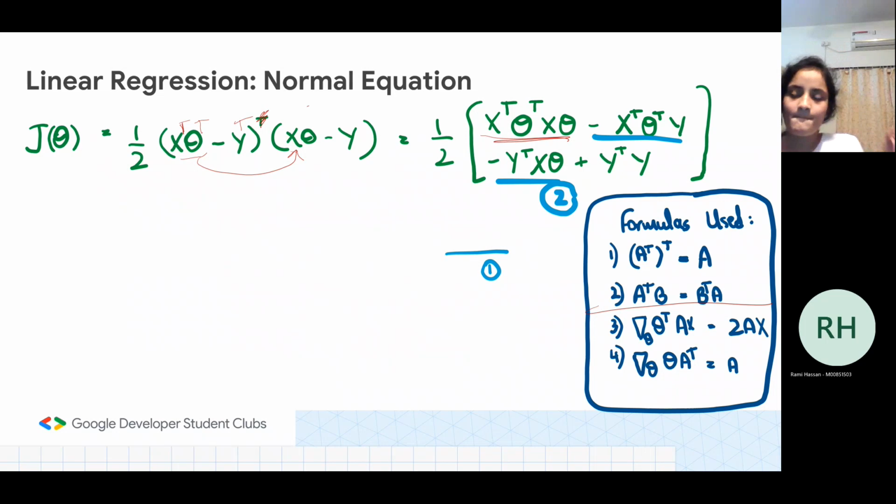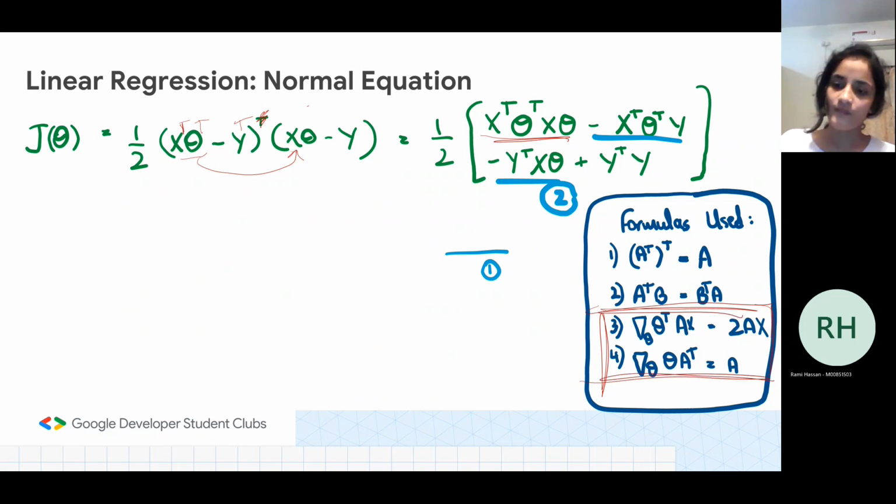Next step, now we need to derivate this. Let's see the derivative formulas we use. Number one, it's all with respect to theta. We have two kinds of formats: one is theta transpose ax and the other one is theta ax.